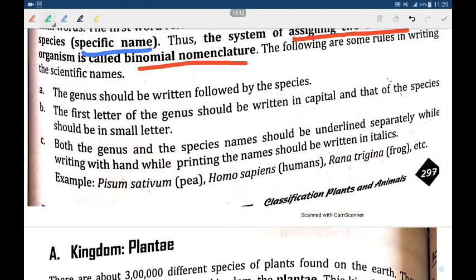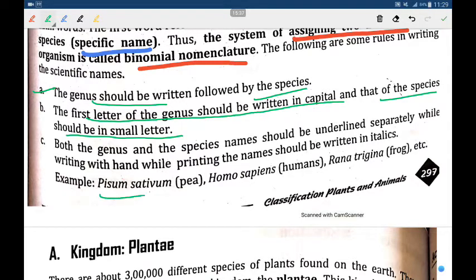So students, while writing scientific names, number one, the genus, the first name, should be written followed by the species. Genus is first, species is second. The first name is the genus name, the generic name, the second is specific. The first letter of the genus should be written in capital, and the species in small letters.